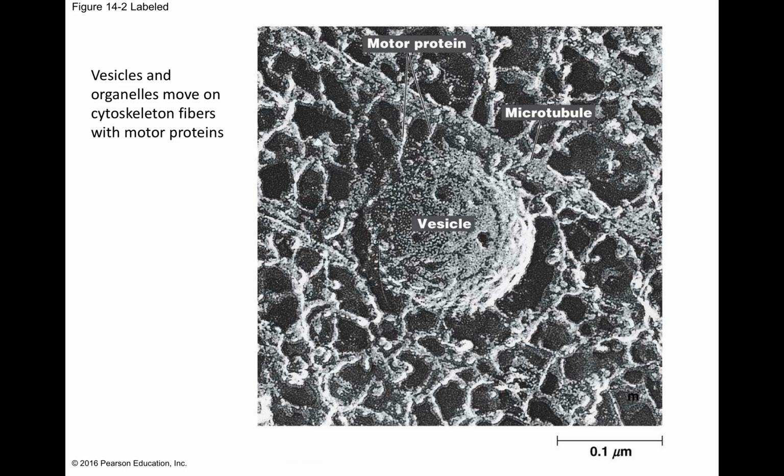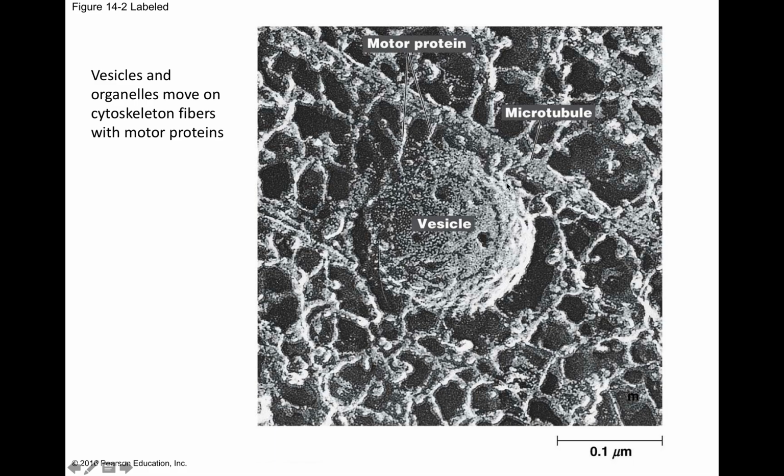So we've been talking about the cytoskeleton, and one important aspect of the cytoskeleton is it can be used to move vesicles and organelles around with motor proteins. This is a freeze etch micrograph where the material is frozen and then digested away, leaving just these fibers, and these fibers are part of the cytoskeleton.